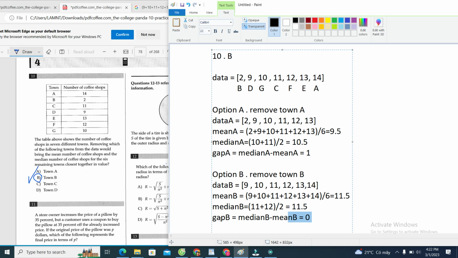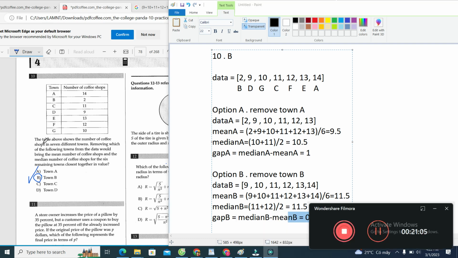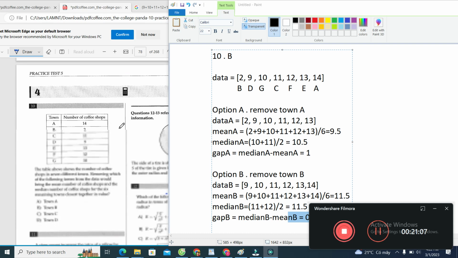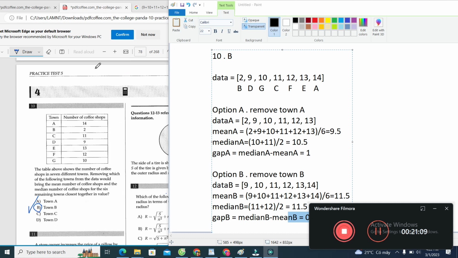The gap has to be positive or 0, so we choose B because the gap cannot get lower than that. But if you want to calculate mean C and median C, mean D and median D, and then find gap C and gap D, then go ahead. But I think that's the most effective answer already.